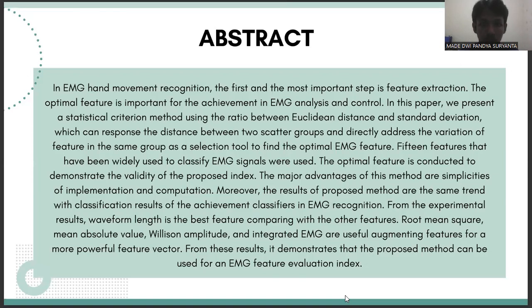In this paper, we present a statistical criterion method using the ratio between Euclidean distance and standard deviation, which can respond to the distance between two scattered groups and directly address the variation of features in the same group, as a selection tool to find the optimal EMG feature.